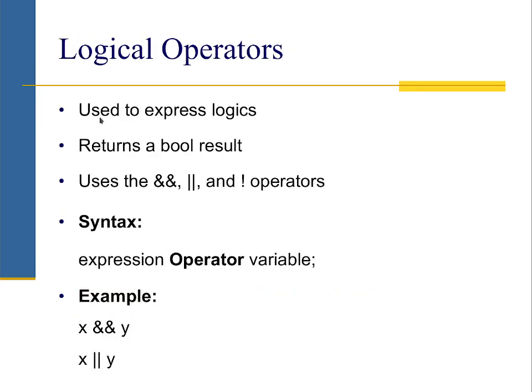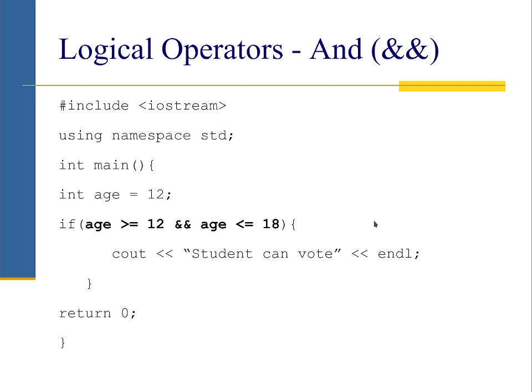Logical operators are used to express logic, and normally they return a bool result. They use the and, or, and not operators. The syntax is your expression, operator, and your variable. The example is here.